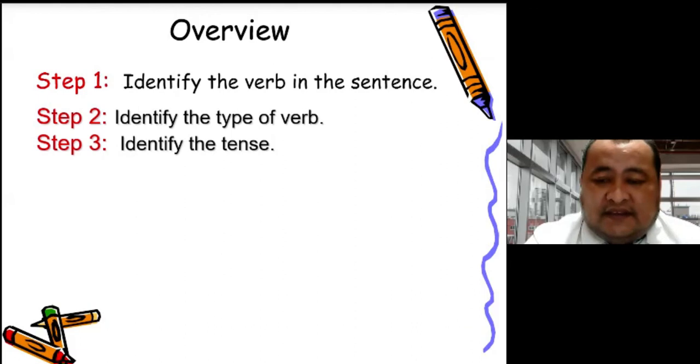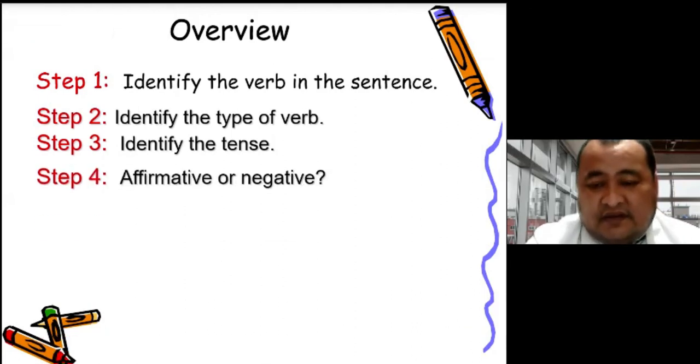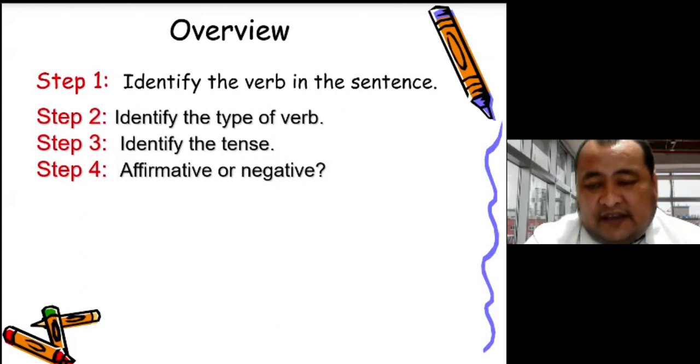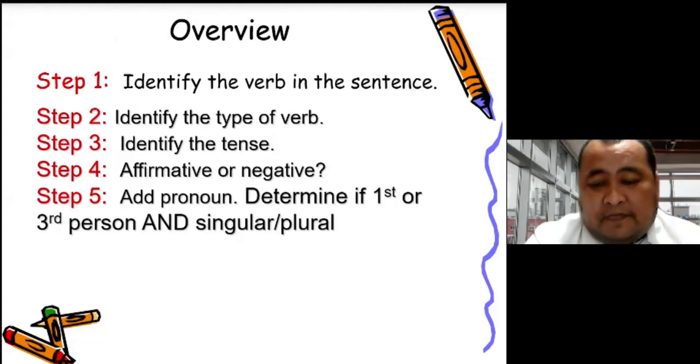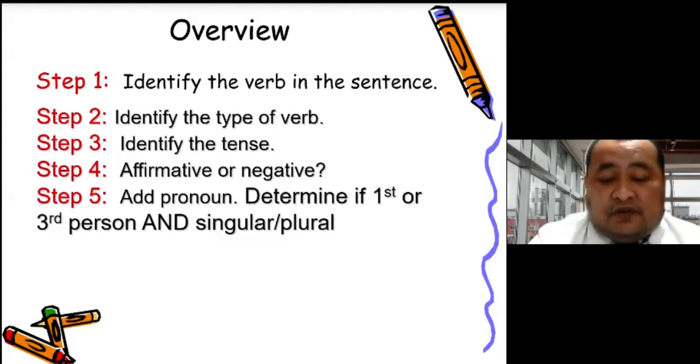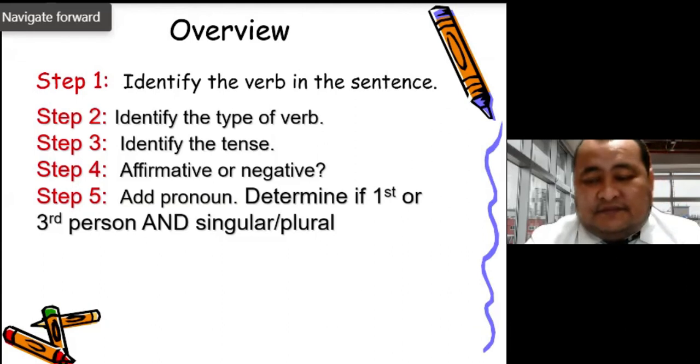If it is in the past, then the auxiliary must be in the past. And then affirmative or negative. Add the pronoun. What is the pronoun? Whether it's the first or the third person, and singular or plural: he, she, it, or they, we, you, or I.